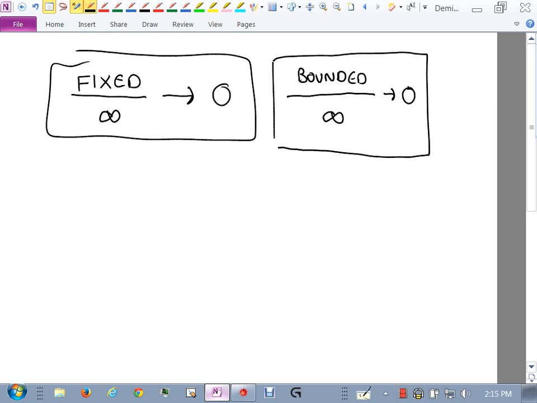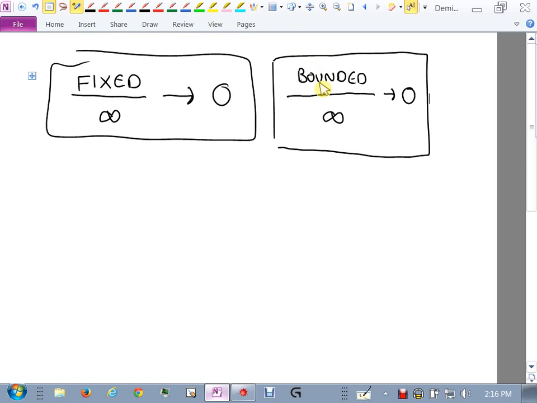Let's talk about what I mean by bounded. Of course, if it's fixed, it makes sense: you take a number, 10, and start dividing it by bigger numbers, it's going to get small. But what if the numerator is not fixed, but always stays between two numbers, like the sine function, always between -1 and +1? What's the worst case scenario?